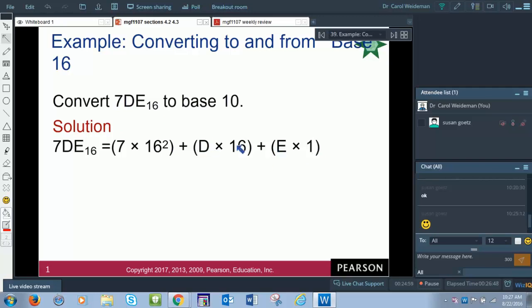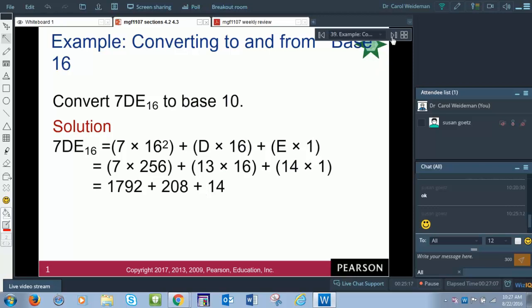You're just going to have to jot on the side what D and E are equal to, and we had that on the prior screen. D is equal to 13 and E is equal to 14. So 7 times 256 plus 13 times 16 plus 14 times 1. Then we just multiply and add them together. So this representation of a number in base 16 is equal to 2014 in base 10.